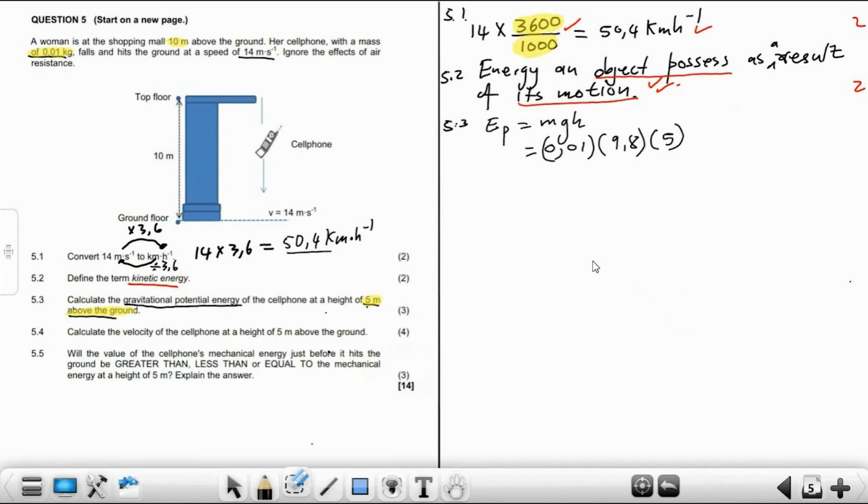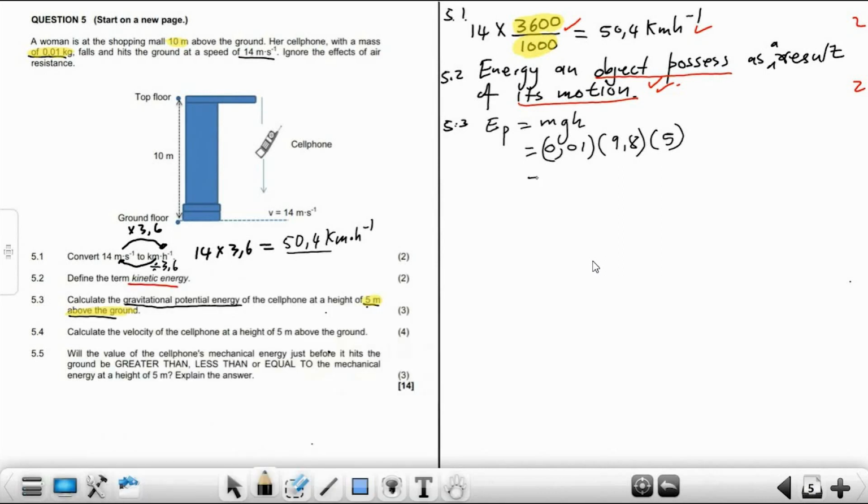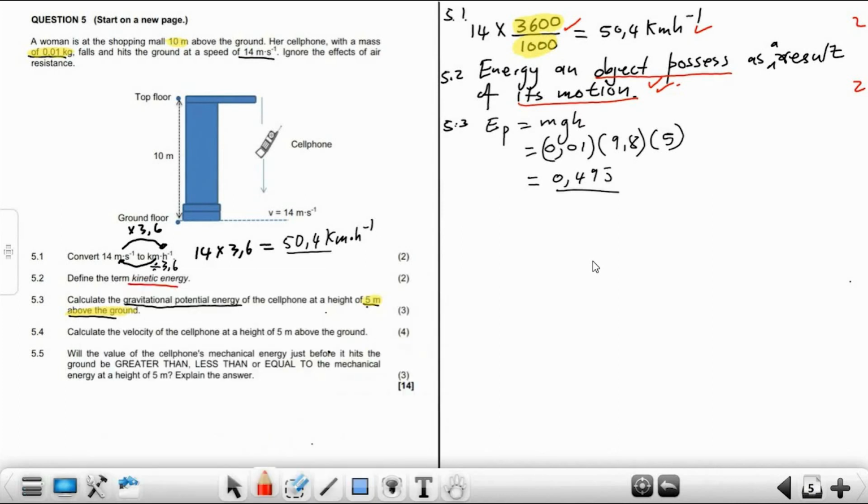Then we say the final answer should be something like 0.4949 joules. So by doing this, everything now becomes easy. It's 1 for the formula, 1 for the whole substitution being correct, and then the final one is for the final answer.